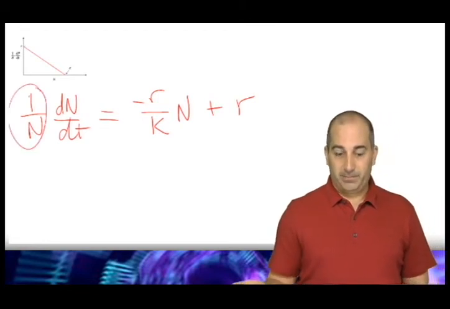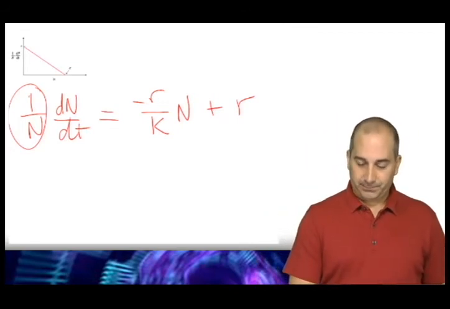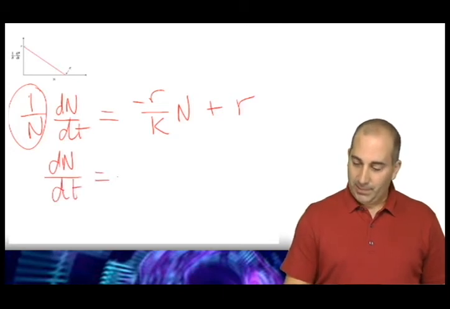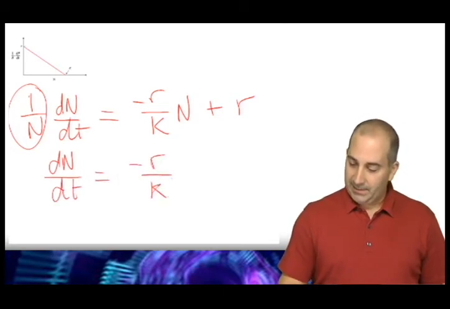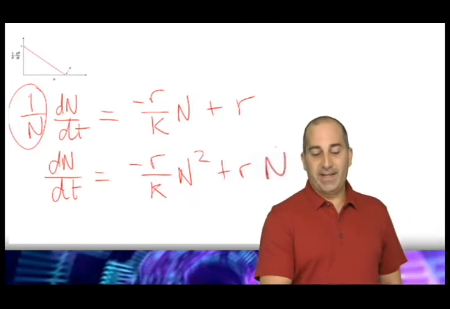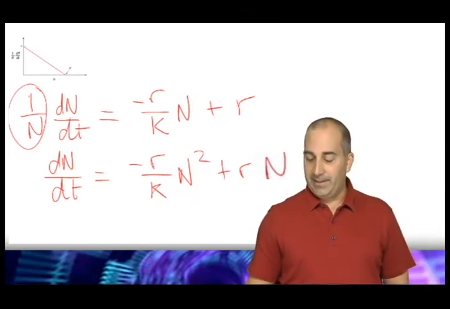So we're going to multiply this side by n, or both sides by n. This becomes dn dt equals minus r over k n squared plus rn. So you can see just by multiplying this side by n disappears on the left, and we get n squared, and we have to add rn here.